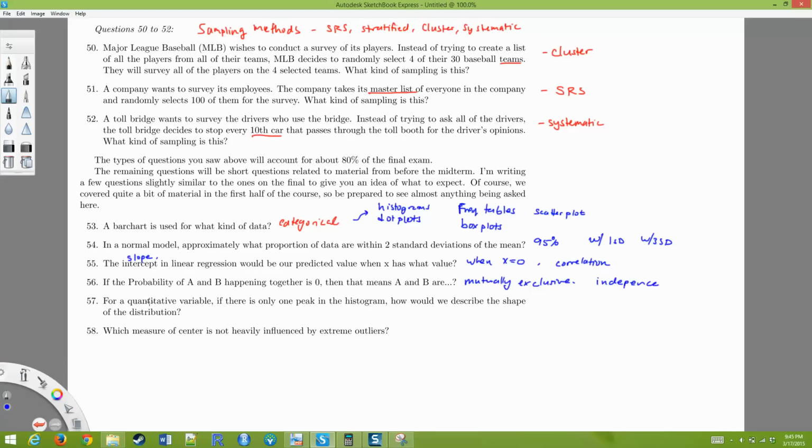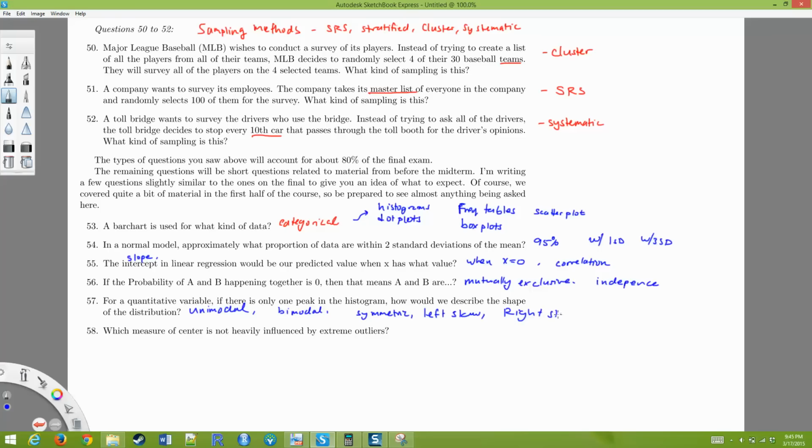For quantitative or numeric data, if there is only one peak in the histogram, how would we describe the shape of the distribution? Unimodal. And what else do we use to describe shapes? Bimodal, multimodal. And we also have symmetric, left and right skewed. Left skew, right skew.